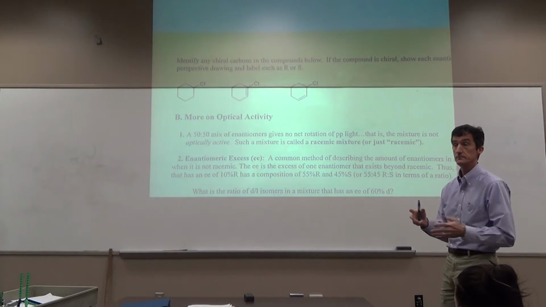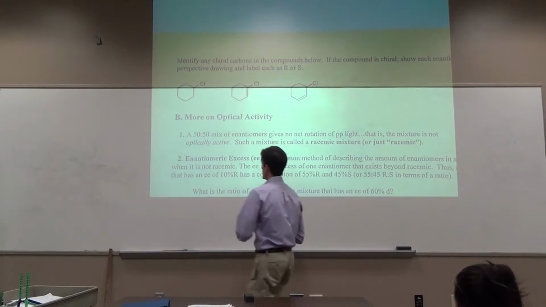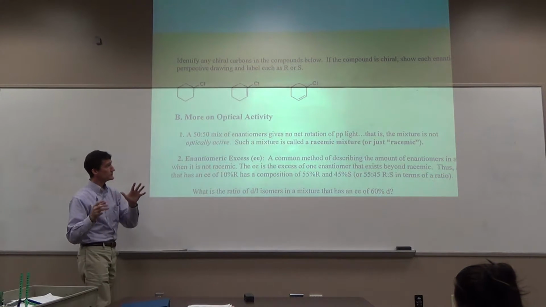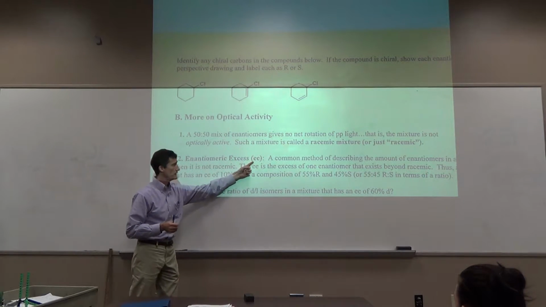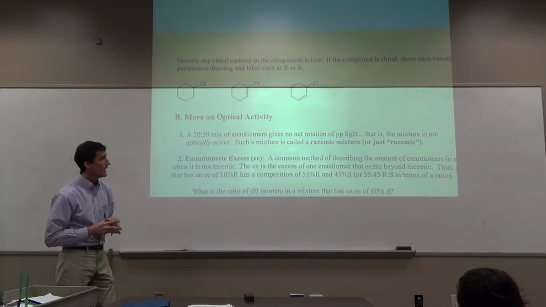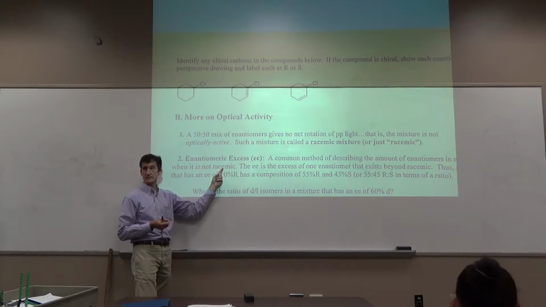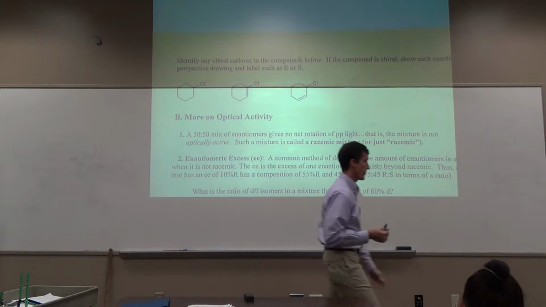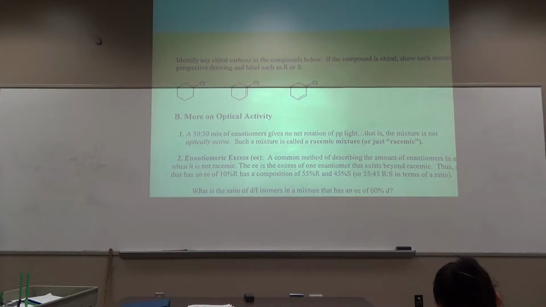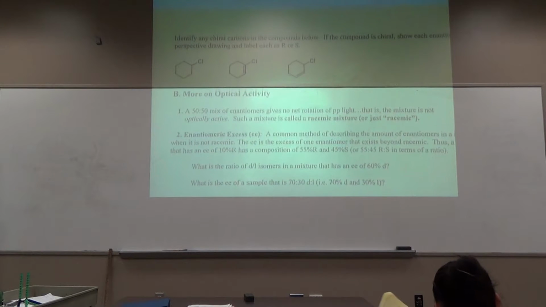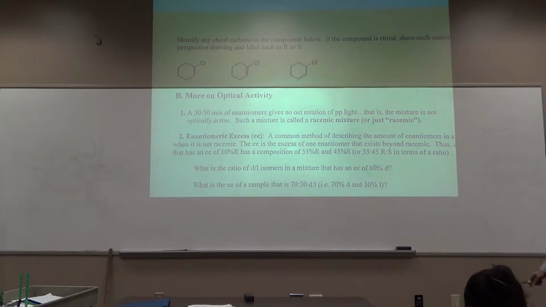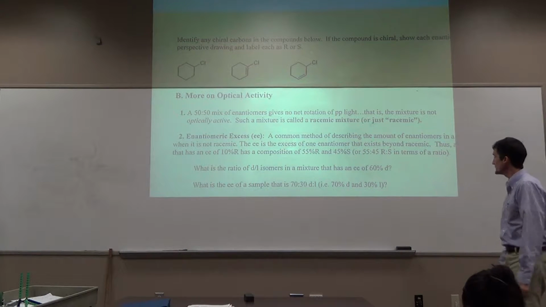First off, there's terminology. We describe mixtures using the term enantiomeric excess, EE. This is when you have a mixture, but it's not racemic, not 50-50.